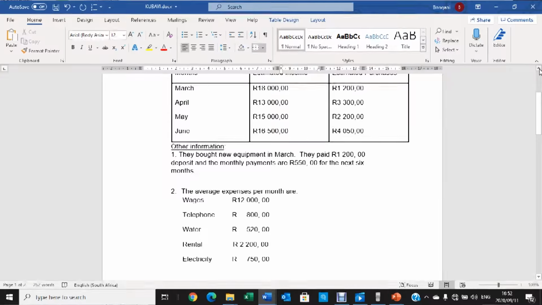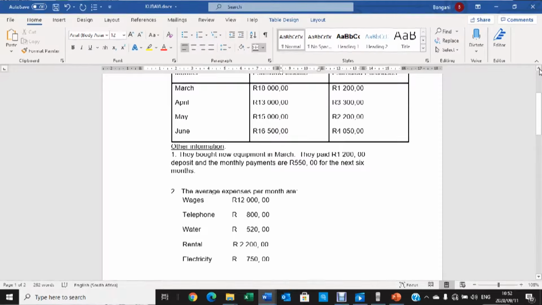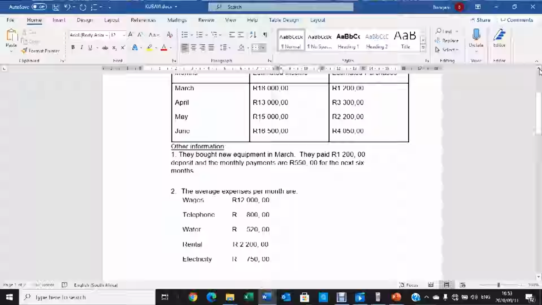The 1,200, it was paid in March as a deposit. And the monthly payments are 550 for the next 6 months. Then we are going to ignore the 1,200 since it was paid in the previous month. We are only going to concentrate on any payment that was made in the month of April.